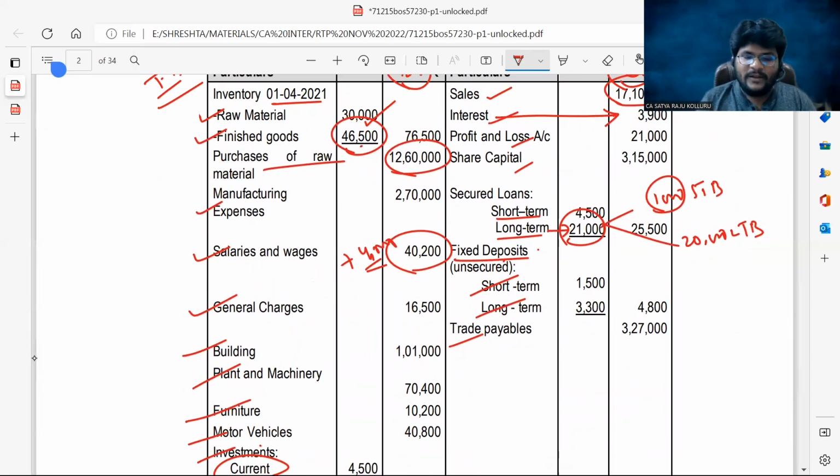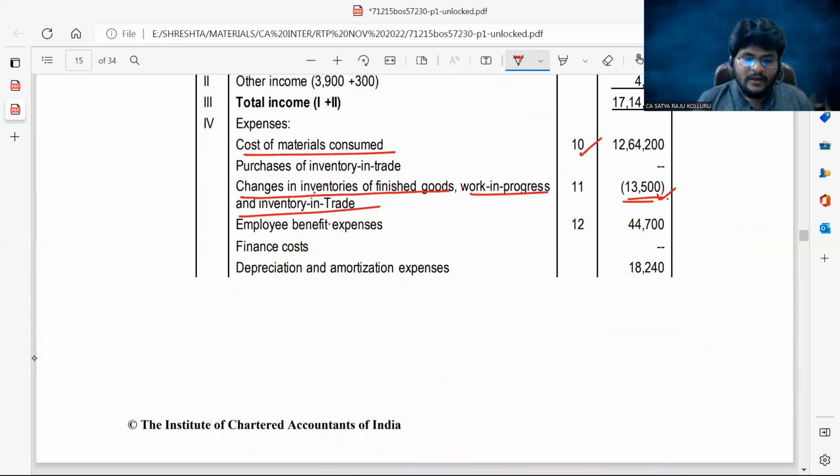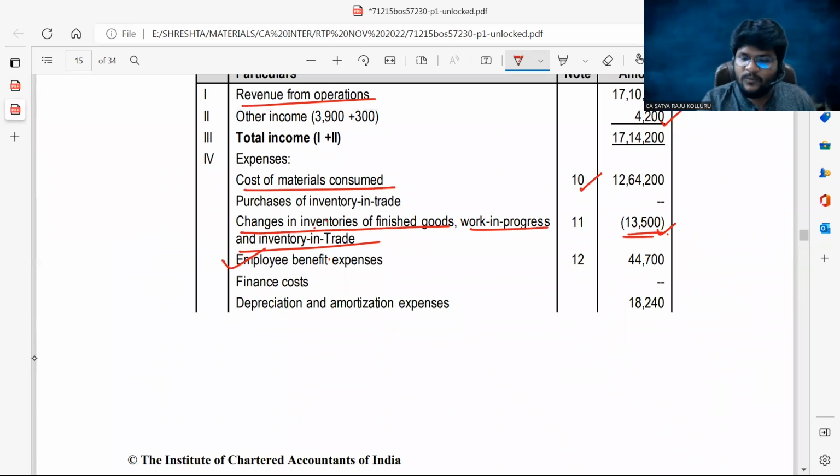Then the remaining expenses, manufacturing expenses, general charges. Consider the prepaid as well as outstanding in the adjustment is coming under other expenses. The same was given in employee benefit expenses after adding the outstanding expenses. Finance cost, as I told, nil. Depreciation and amortization, given the adjustment in that particular point, you can make it total.